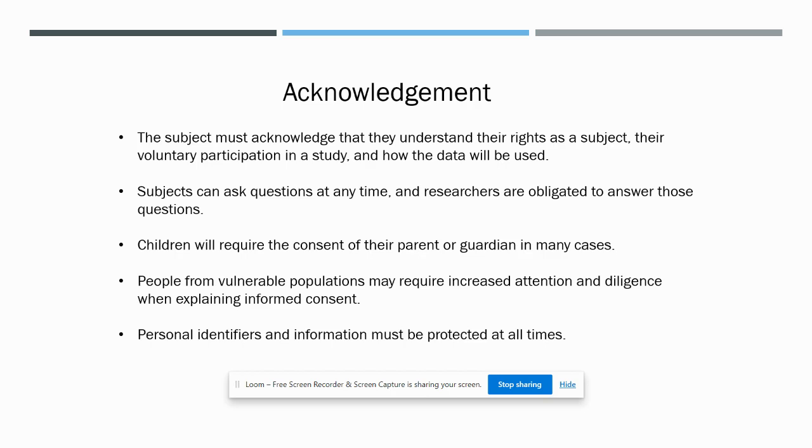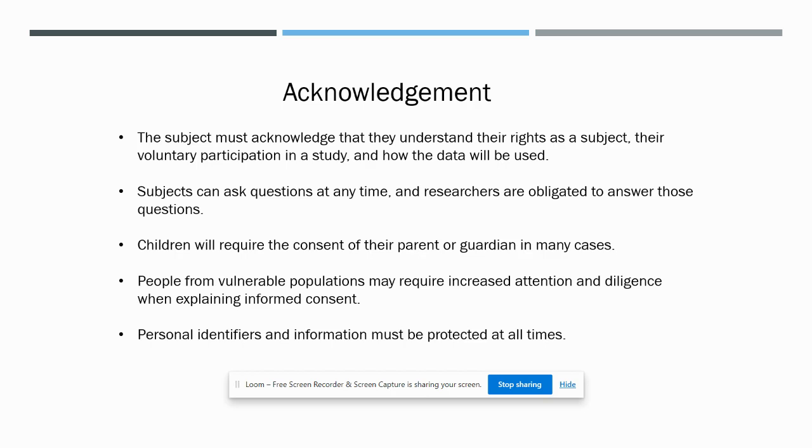So if you're in grad school and you're studying the specific effects of an exercise program on childhood obesity, for example, you have to have parental consent in order to perform a study on a minor. Very important: people from vulnerable populations, potentially those that have been historically marginalized, minority populations, native populations, may require increased attention and due diligence within the research process, because they may ultimately be more reserved.